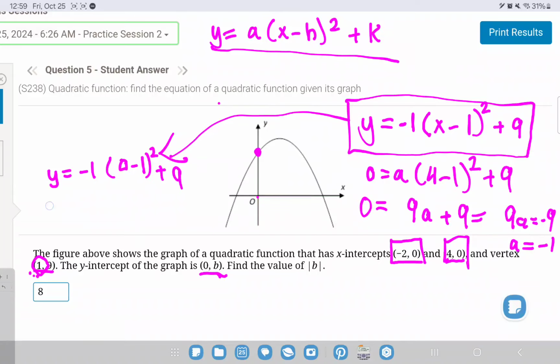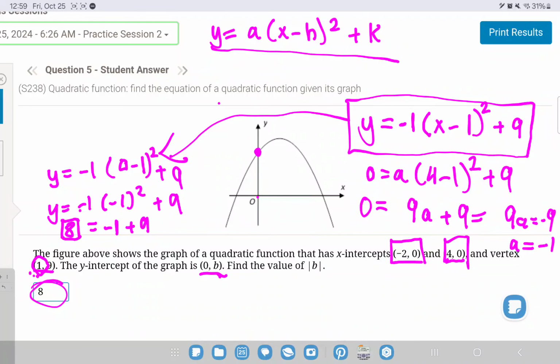Let's solve. Negative 1 squared is the same as 1. 1 times negative 1 is negative 1, plus 9 equals y. So negative 1 plus 9 is 8. So 8 is your answer.